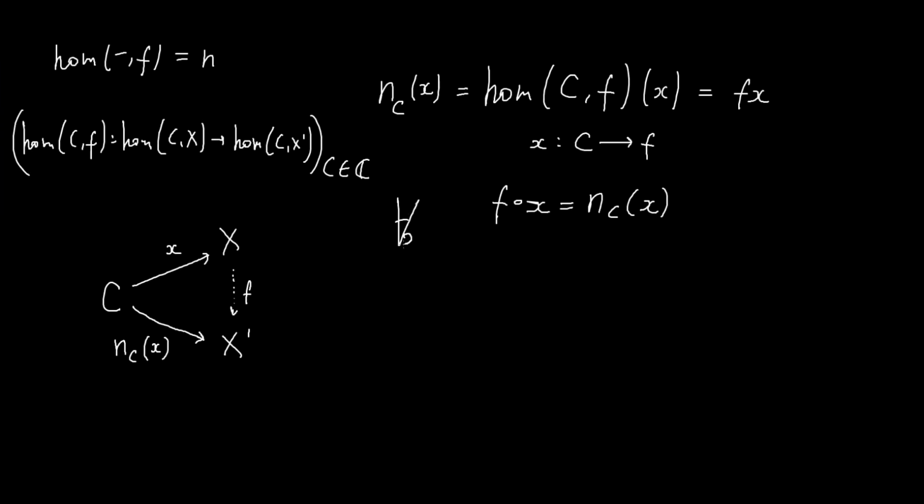So for every x from C to x, and now I realize I wrote nonsense here. This shouldn't be f, this should be x. For every x from C to x, I have this. And I want to extract from this a definition of f. Obviously, I will be looking for some specific value of x, right? Can I choose small x in such a way that this will give me an actual definition of f?